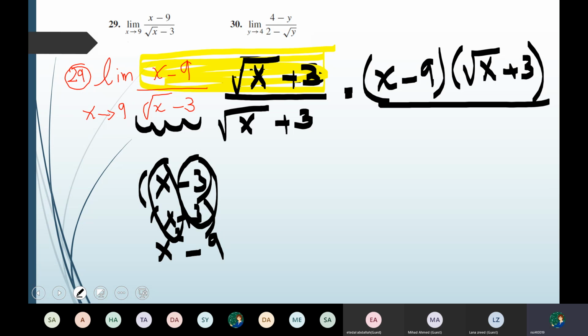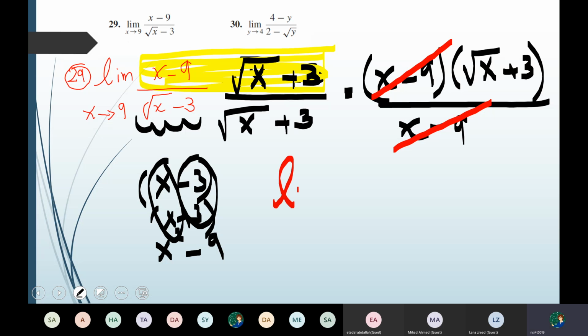Square root of x multiplied by square root of x is x, and minus 3 multiplied by positive 3 gives negative 9. Then they cancel each other.